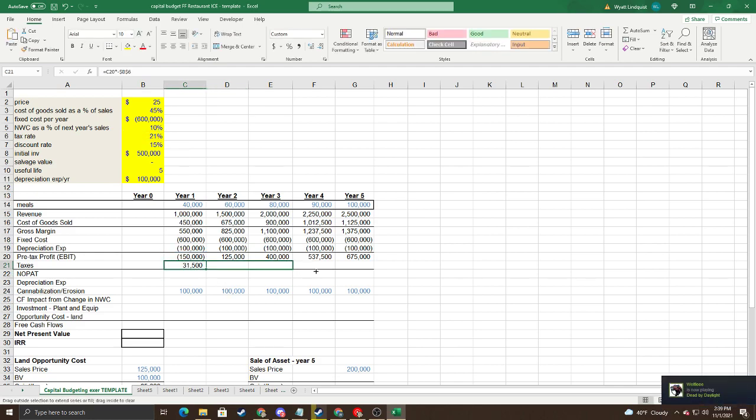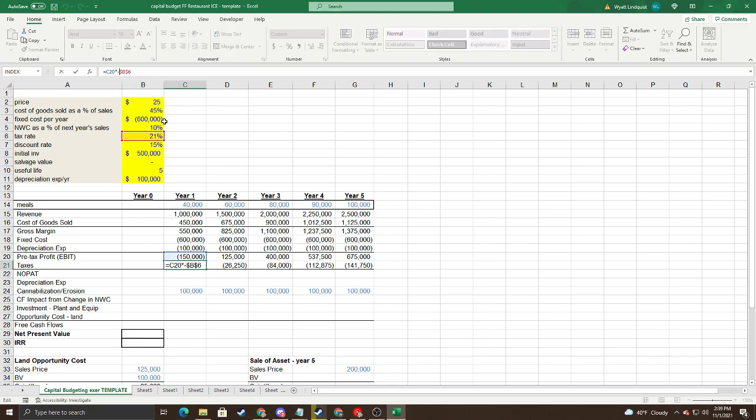Well, the reason I at least like to do negative tax rate is because your taxes are always going to offset or go against your profit. So if you lose money, then you're going to save money on taxes. If you make money, then you're going to lose money on taxes, or you're going to lose cash at least. So I always just like to put a negative sign before my tax rate to make things nice and easy.